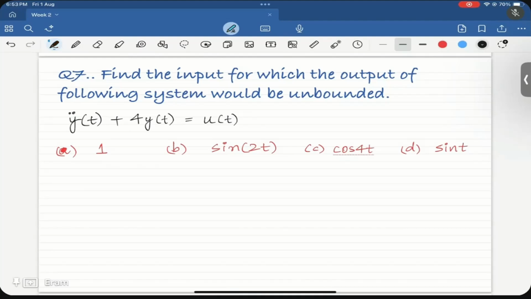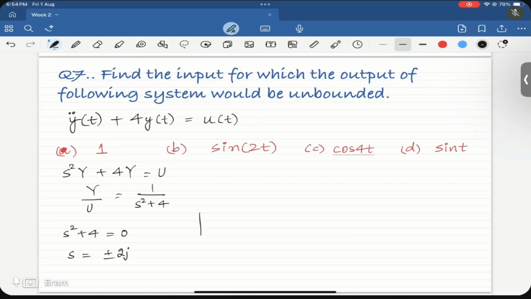So let's solve it. First we will find out the transfer function, which will be Y by U equals 1 by s square plus 4. Similar to the previous question, we can check from here by putting s square plus 4 equals 0 that the roots are plus minus 2j, right?